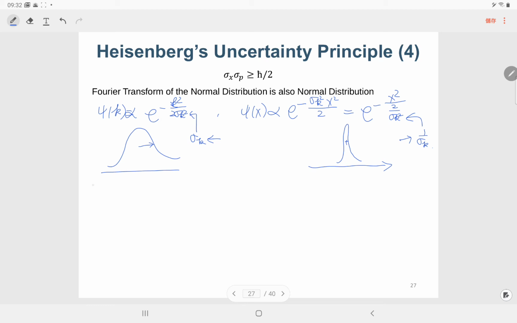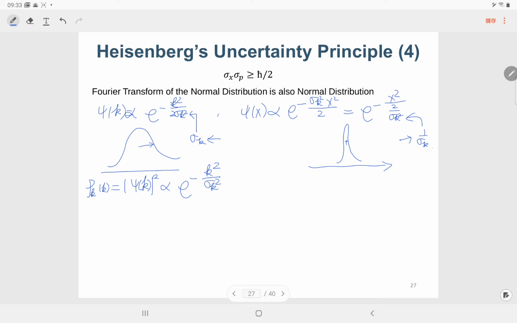So actually, we know that the probability of k should be this one. So it is still like exponential to k squared over sigma k squared.